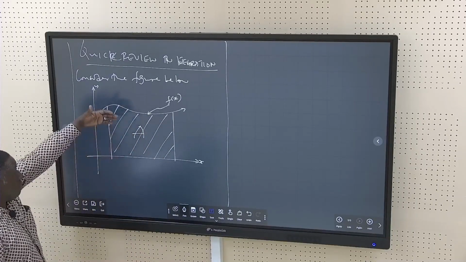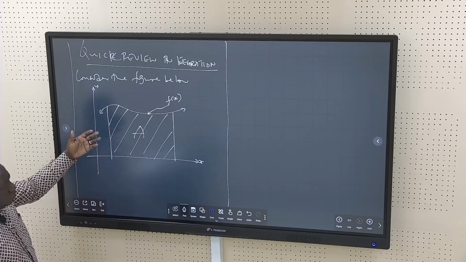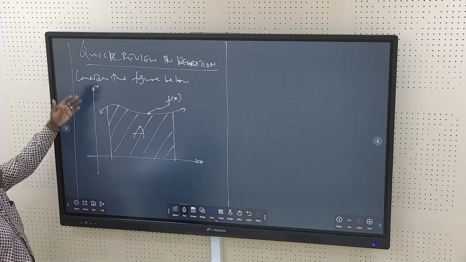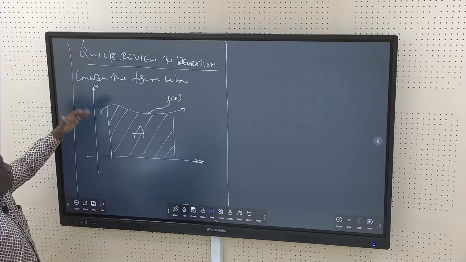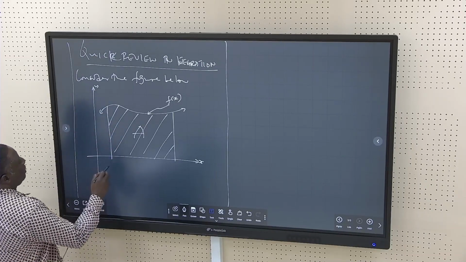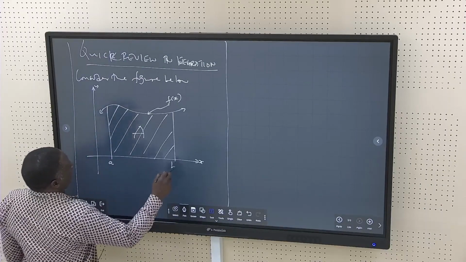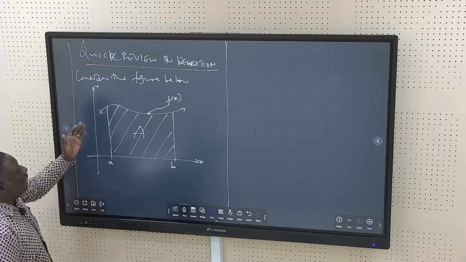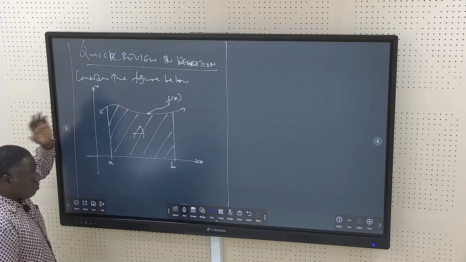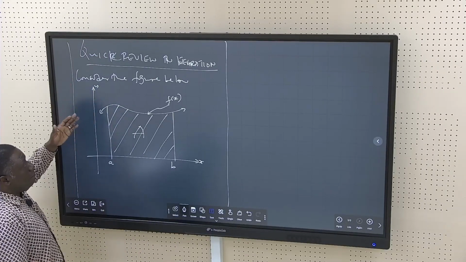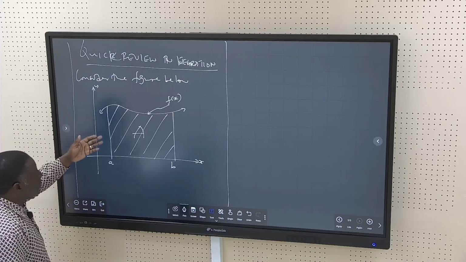Say this is region A. We don't know the exact formula for evaluating the area enclosed from x equals a to x equals b, under this curve f of x. We don't have the exact formula, but we may evaluate it using integration.